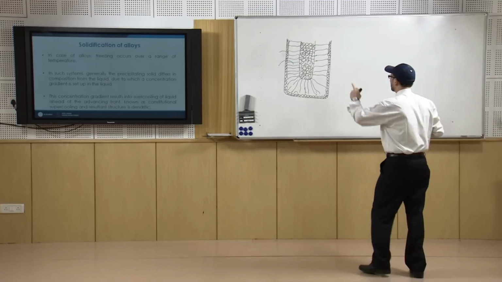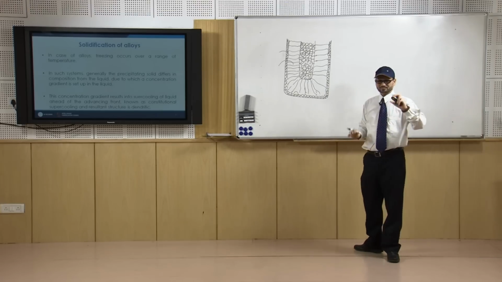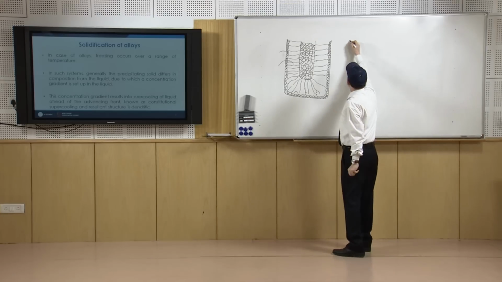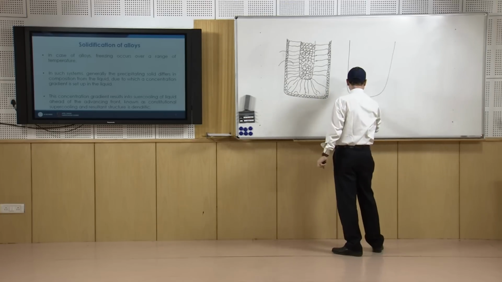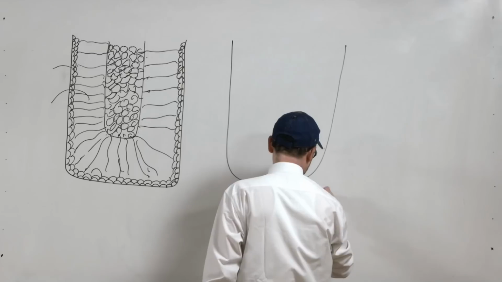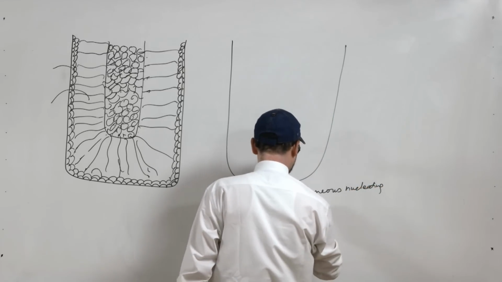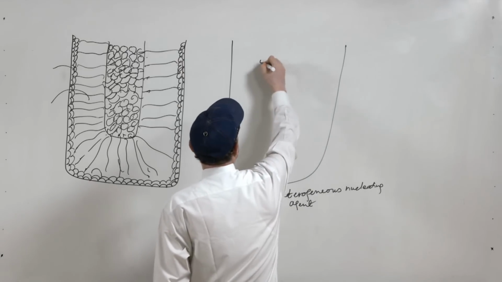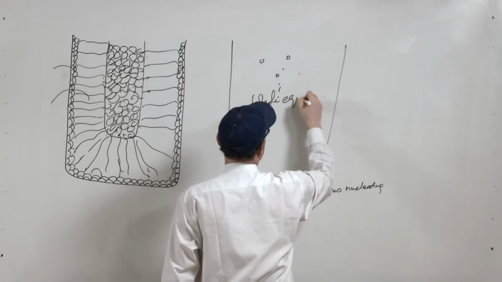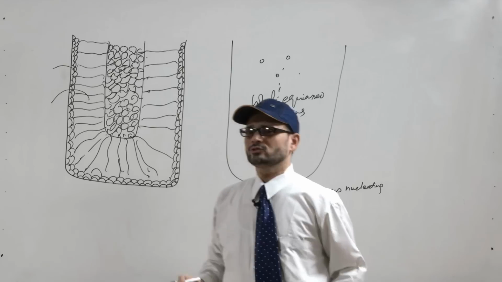Typically this is the microstructure for an alloy, whereas the use of heterogeneous nucleating agents will give you a wholly equiaxed grain structure.